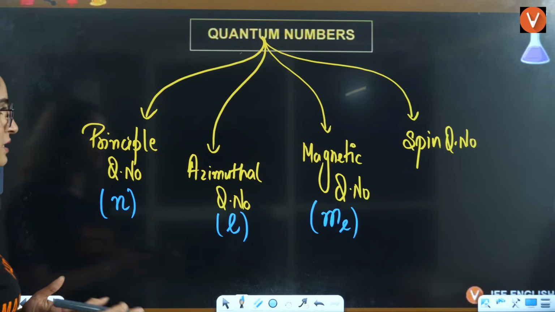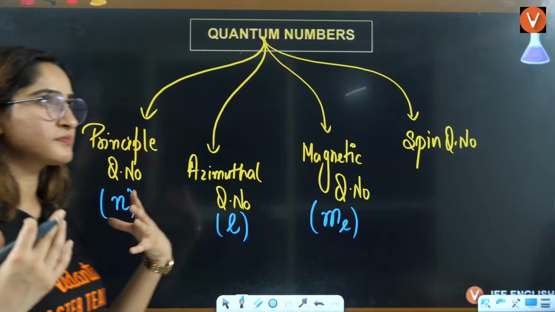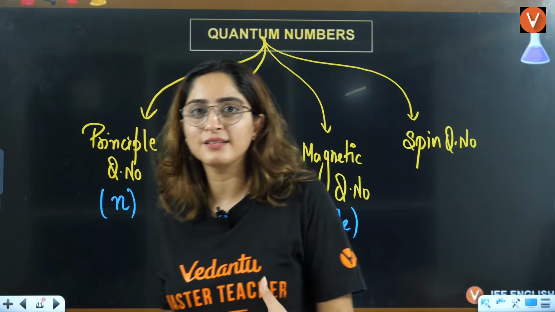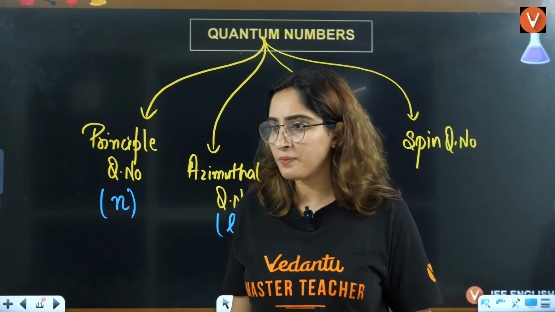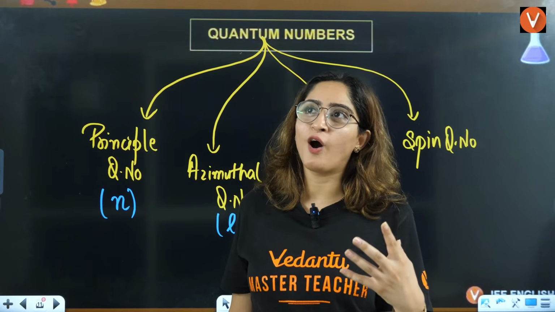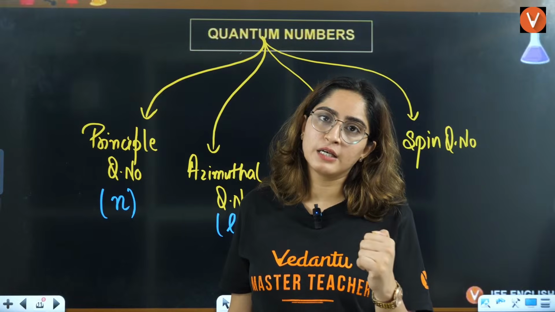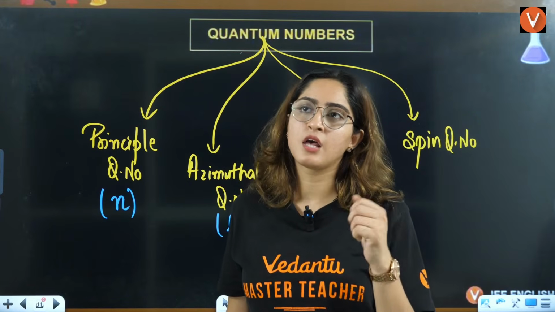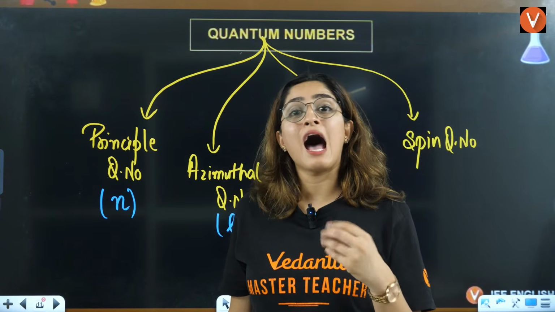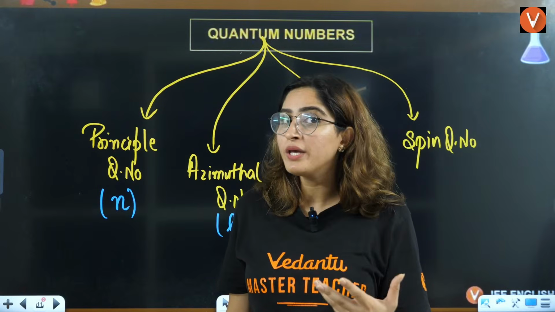Now, it's like you are finding the address of your friend. You want to find out the colony of your friend, in which society he lives, in which house he lives, in which room he lives.